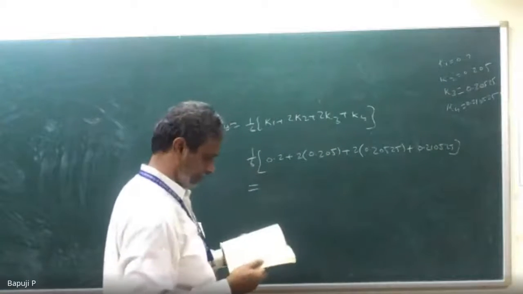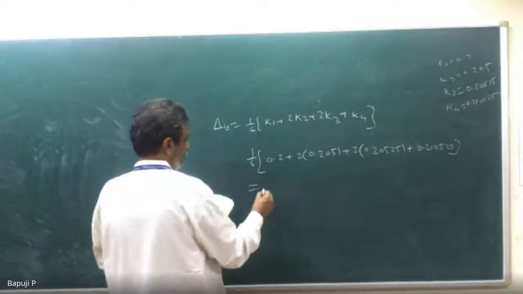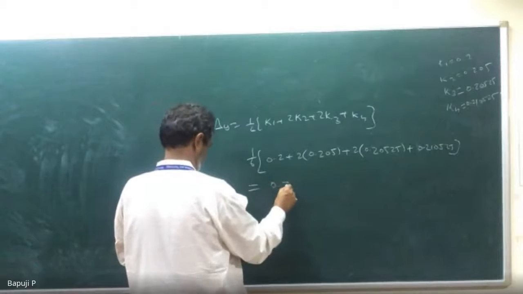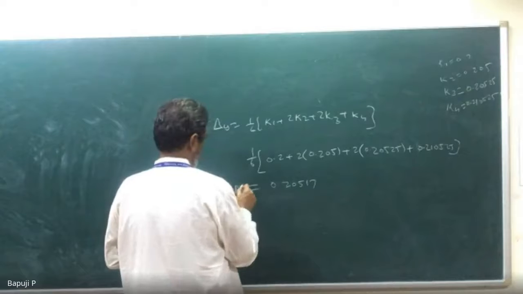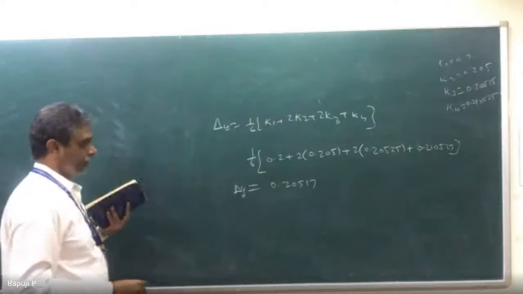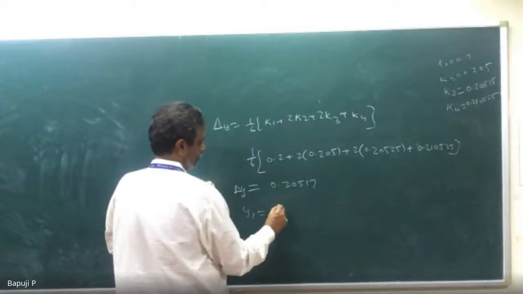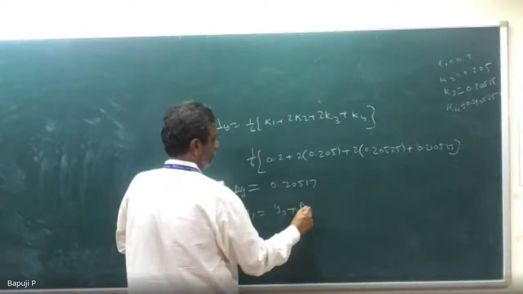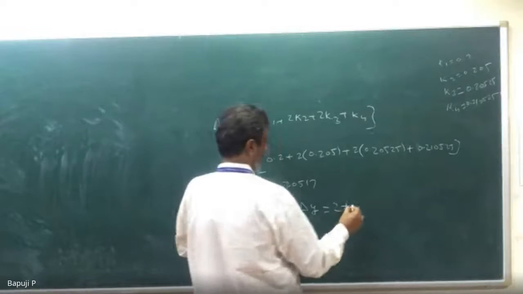Find out the value. Now y1 is equal to what? Y naught plus delta y. Y naught is 2. 2 plus this value.